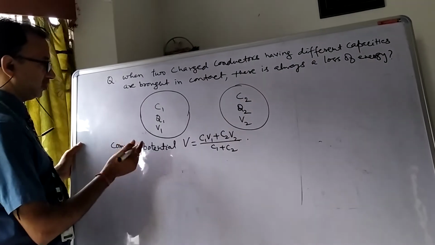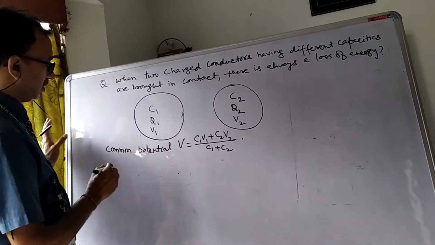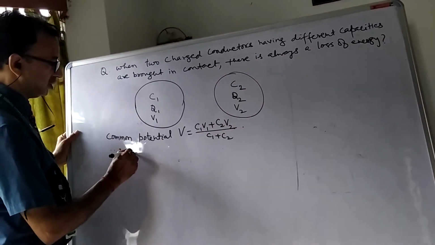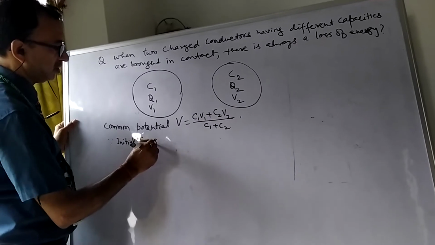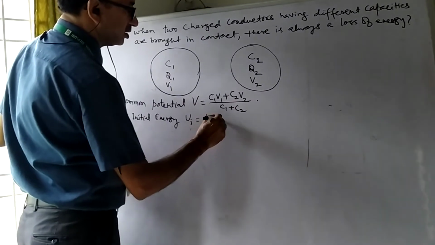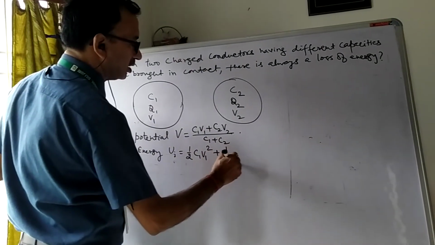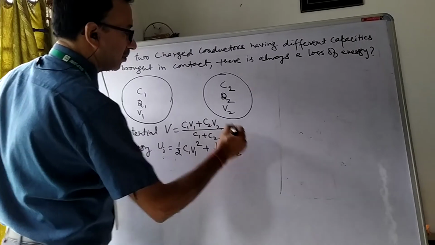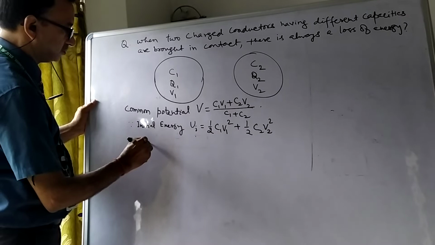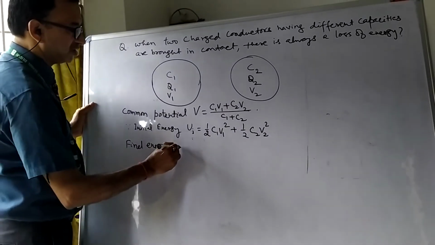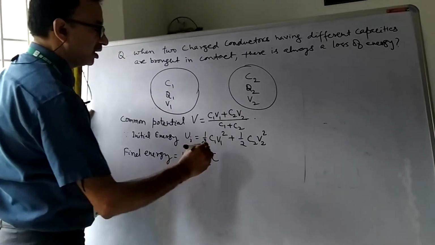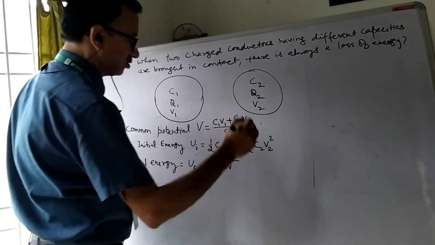Now we know that energy U equals half CV square. So the initial energy UI equals half C1 V1 square plus half C2 V2 square, right? And the final energy UF equals half the combined C and the common potential V square.